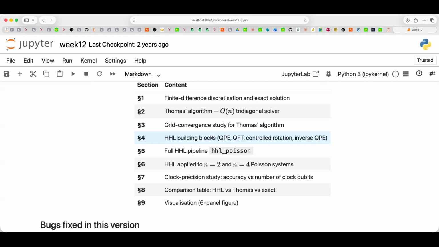Next week, I'm going to pick up a little bit here because there are some interesting links with quantum machine learning. But then I'm going to focus on the quantum approximate optimization algorithm, because that gives us a very nice link with quantum machine learning and the general concepts of parameterized quantum circuits, which you encountered with the VQE.